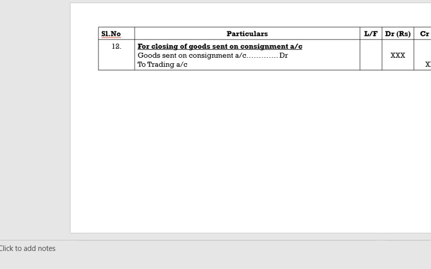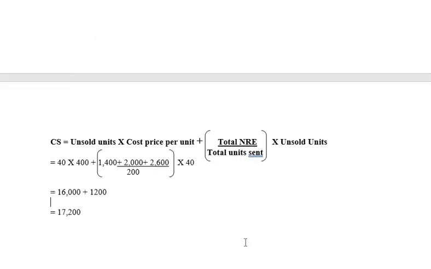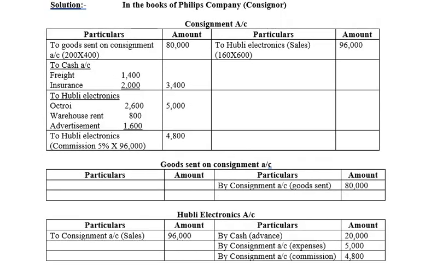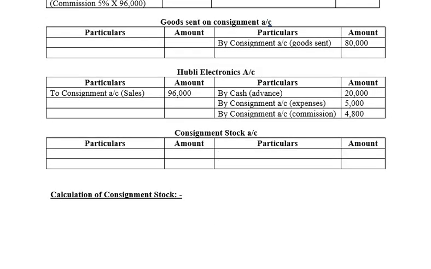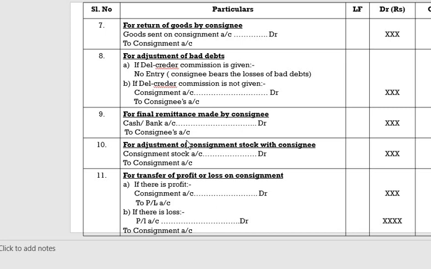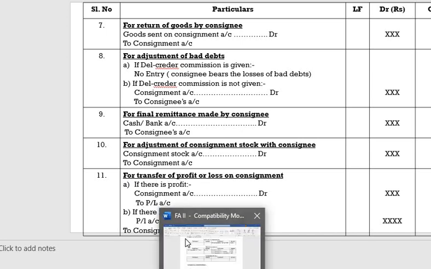So before this, for closing, let's go to the consignment stock account. So here is the journal entry for adjustment of consignment stock account. Then what is the journal entry? Consignment stock account debit to consignment account. So consignment stock account has been debited.